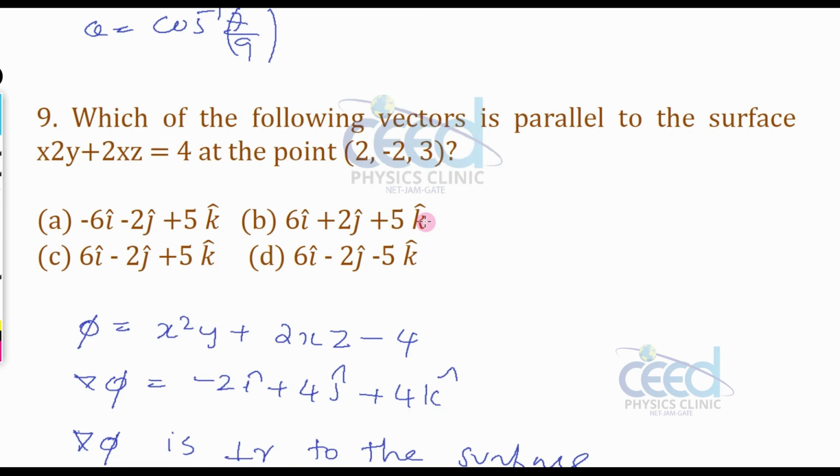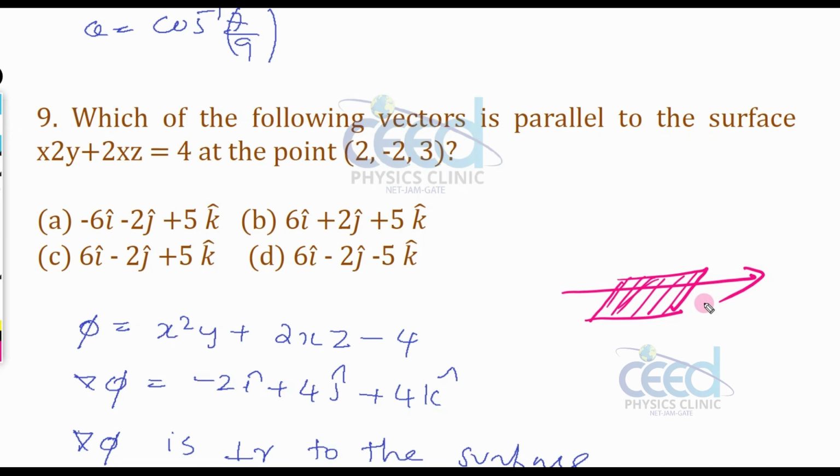The thing is, when is a vector parallel to a surface? Suppose you have a surface, so you have to analyze the theory first.